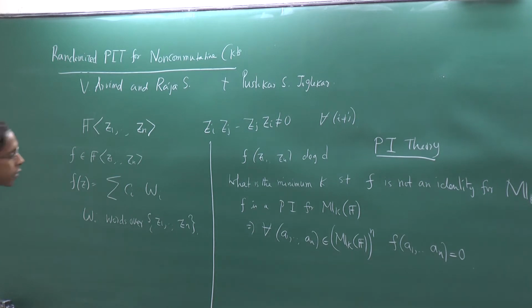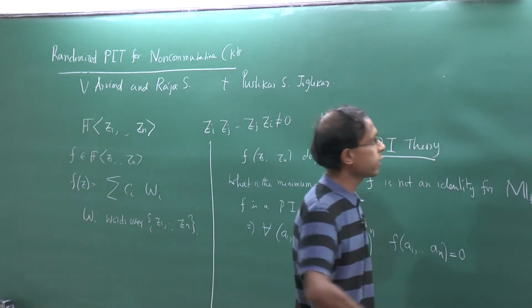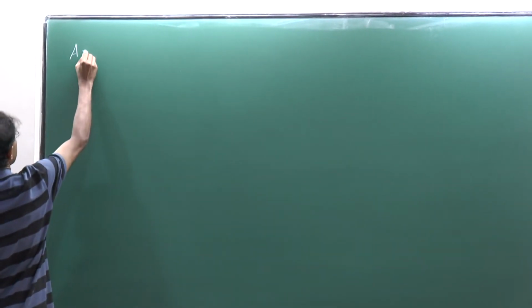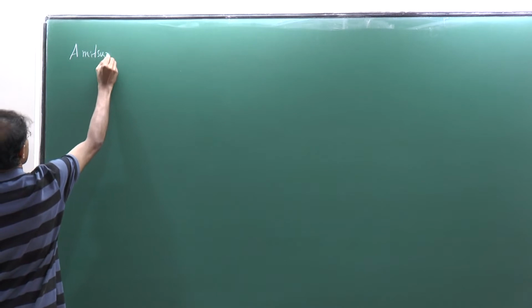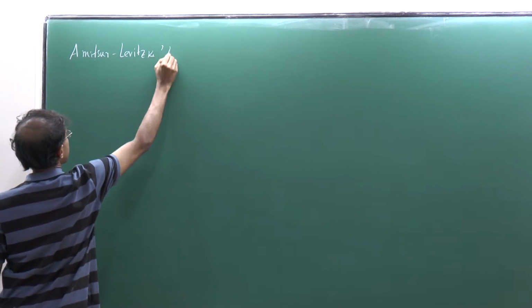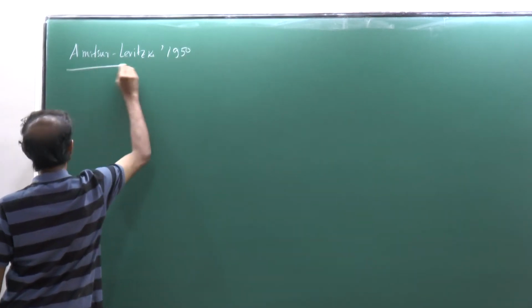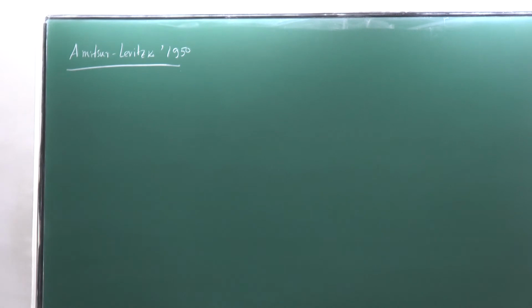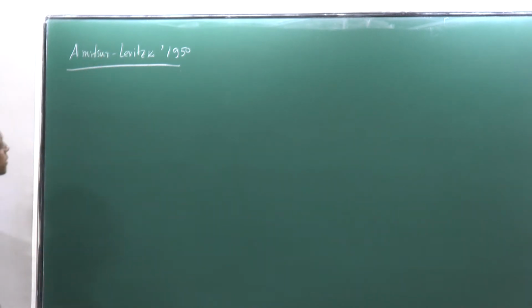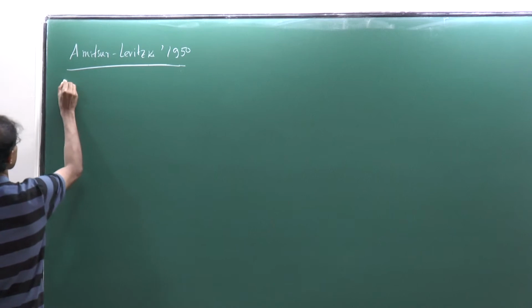Okay, so this is a broad question that people study in this area, and there is a celebrated result on polynomial identities by Amitsur and Levitzki, from 1950. It is a very old theorem, and it is considered one of the very important theorems in the subject. These people were working at that time in Hebrew University, Jerusalem, and they came up with the following theorem.